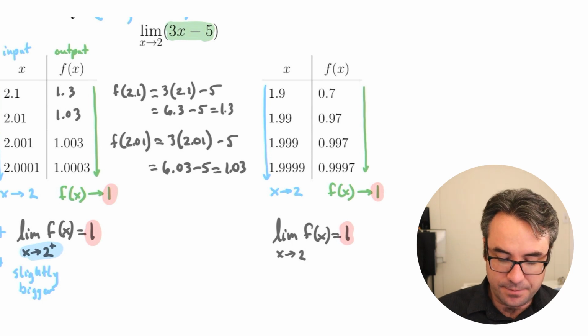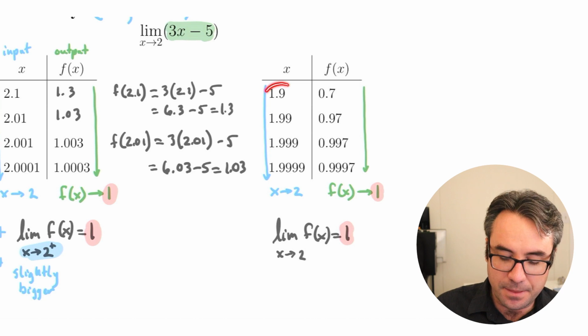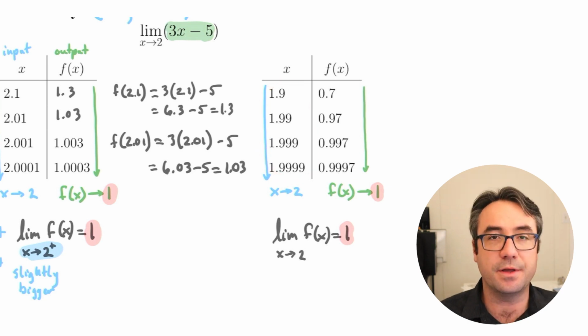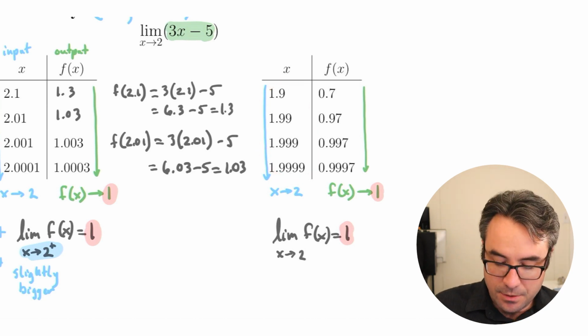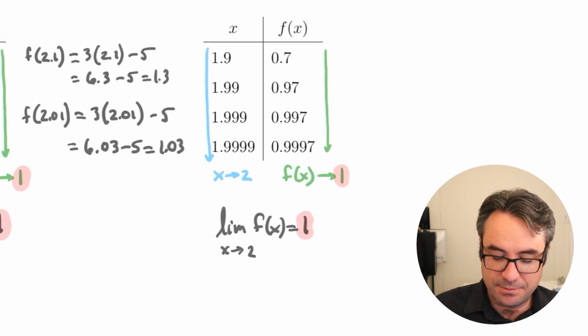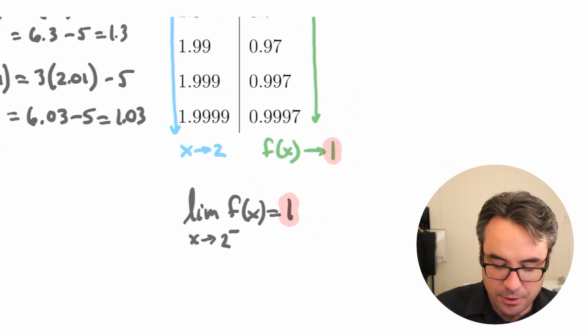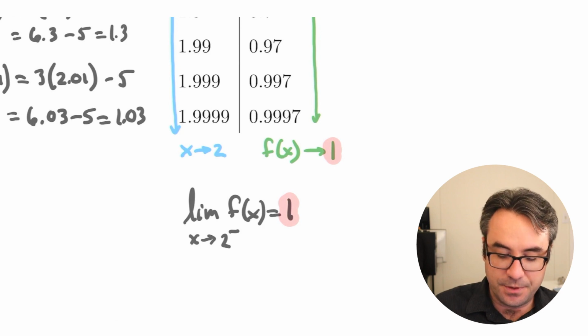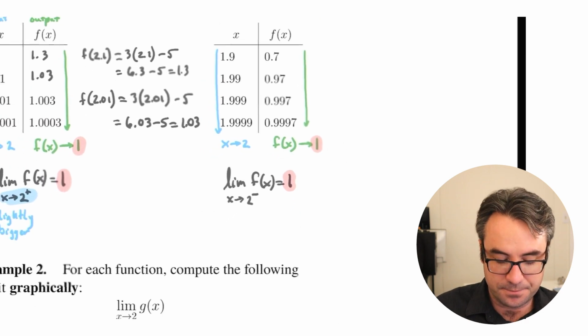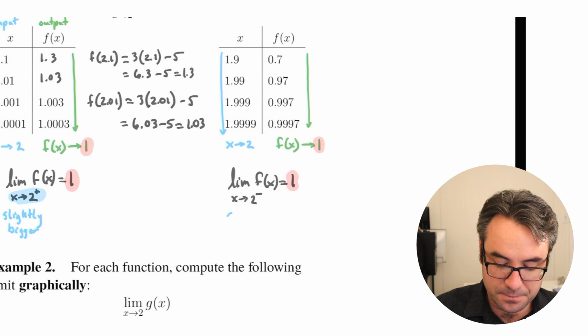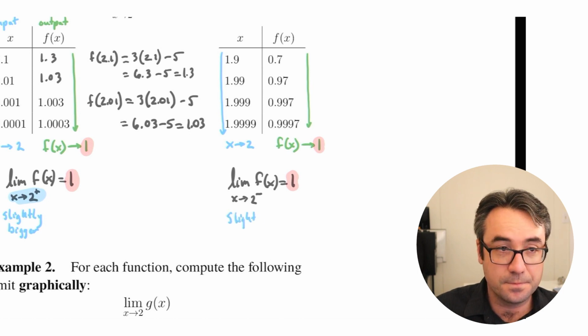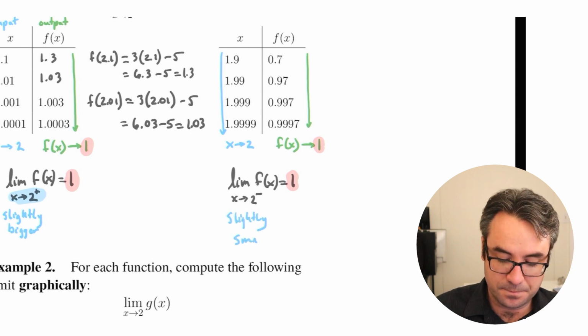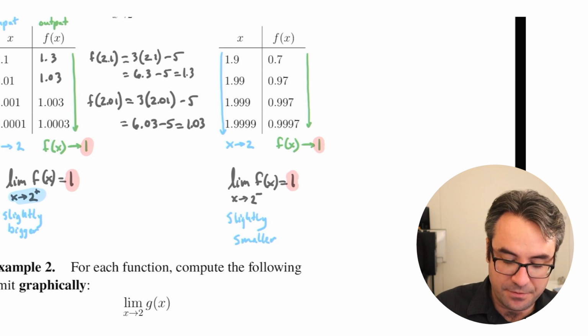And since we're using values that are all slightly smaller than 2, the way we sometimes indicate that notationally is we put a little minus sign. So these are all slightly smaller. And if that's the case, we also sometimes call this the left-hand limit.